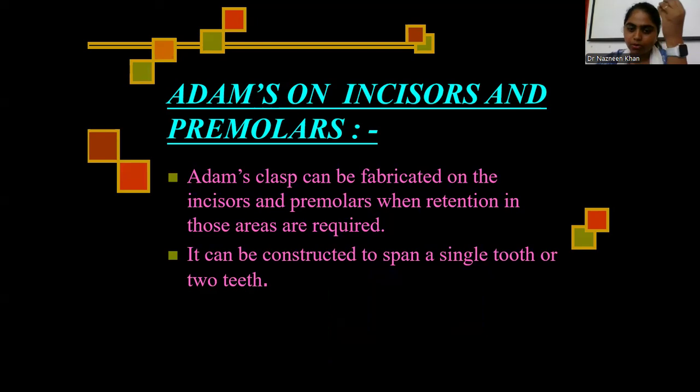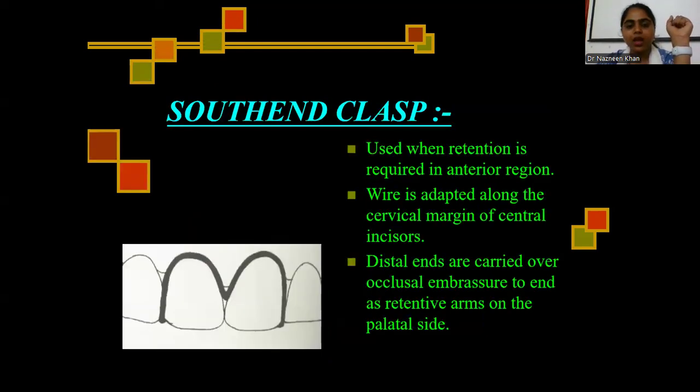It is used when retention is required in the anterior region. Wire is adapted along the cervical margin of the central incisor. Distal ends are carried over the occlusal embrasure to end as retentive arms on the palatal side.